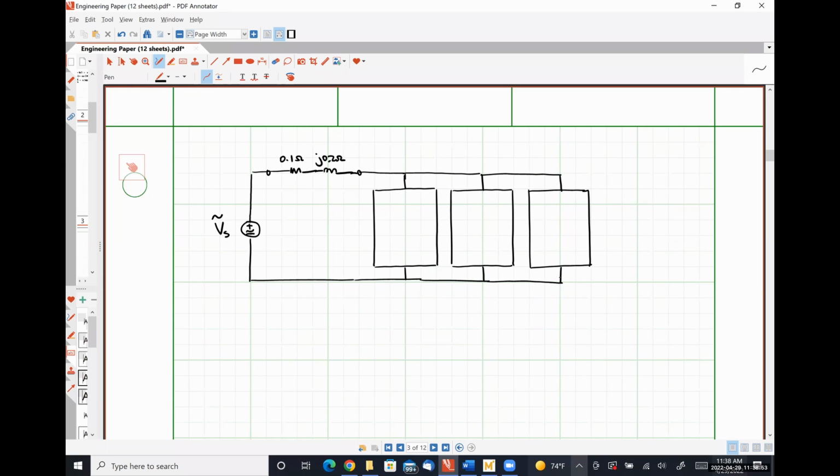I like to call this style of problem an industrial problem because it's dealing with quantities that we could measure out in the field in order to perform these calculations, okay?